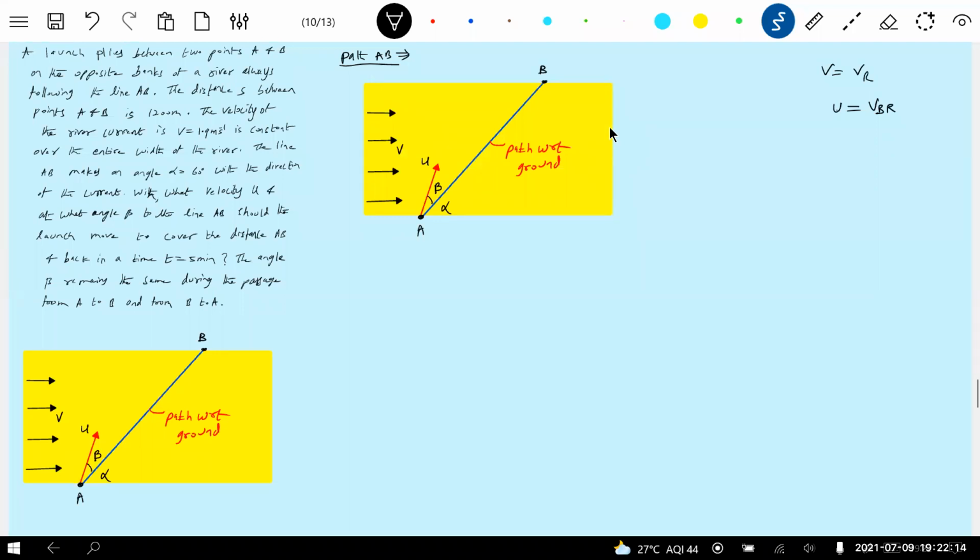So for that, already VR is there. V will come here. The velocity of the boat, I'll write only VB. The velocity of the boat with respect to ground should be directed along AB. Then only the boat can move along the path AB.